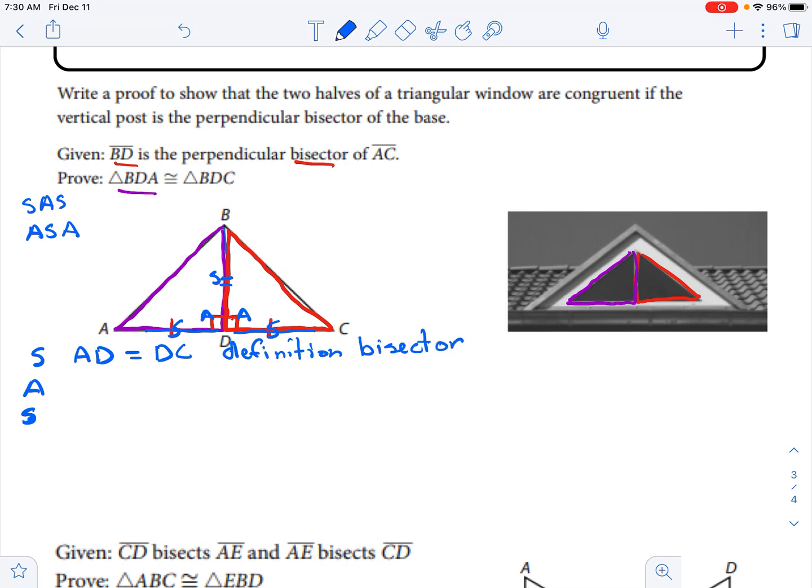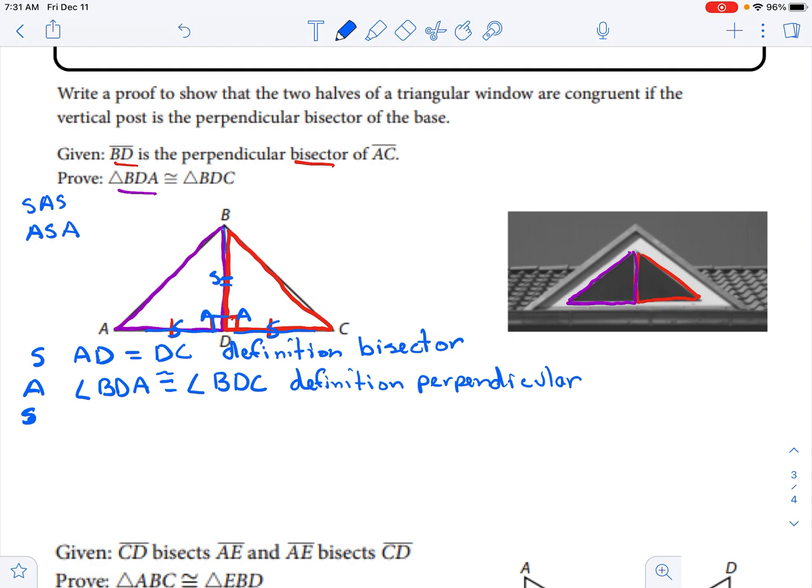And then for my angle, I know that angle BDA, we're talking this angle here now, is congruent to angle BDC, by definition of perpendicular. Or you could say they're perpendicular of a linear pair.